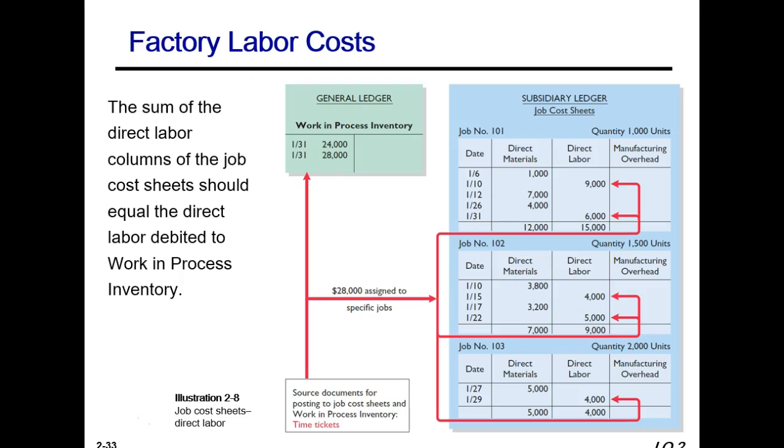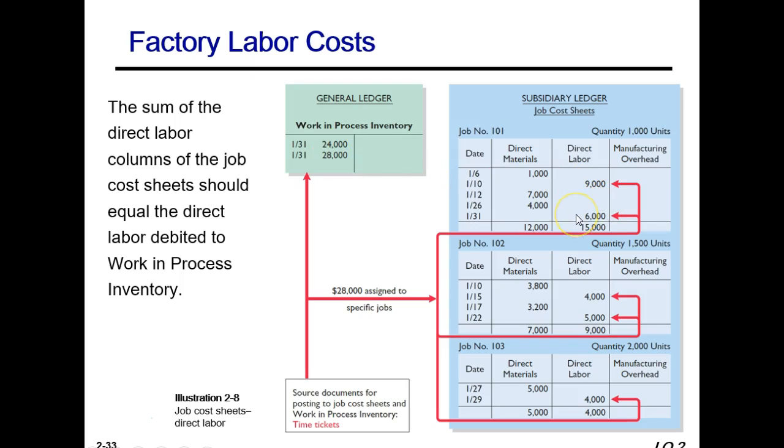Now, we have all these factory labor costs. The sum of the direct labor and the direct materials are going to go right into our work in process. What they're showing you here is if you take each of the job cost sheets, each of these cost sheets should ultimately all go into our work in process.